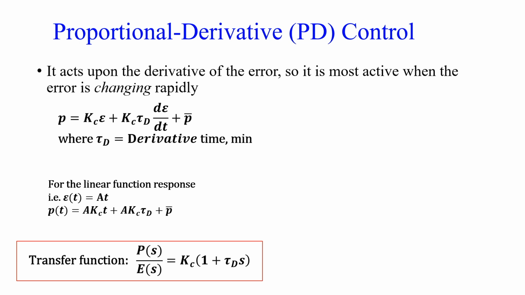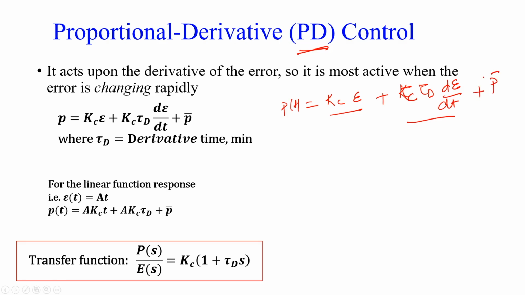So, we can now write this, if it is a PD control, so P will be a function of Kc times the error, this is coming from the proportional control, plus Kc tau d into d epsilon upon dt, it is coming from derivative control, plus P bar is a steady state value.